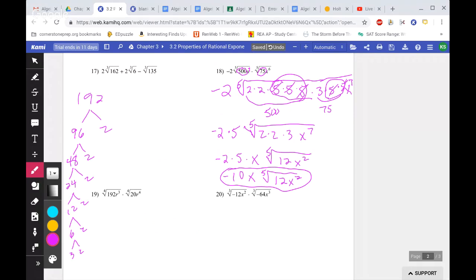Okay. So I've got the fourth root, and I've got 1, 2, 3, 4, 5, 6 twos from the 192.